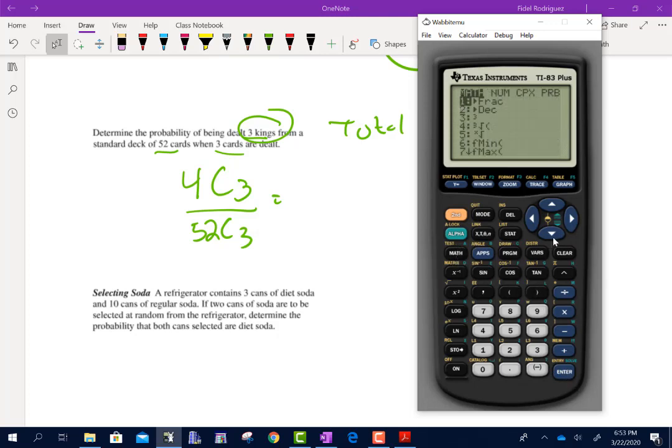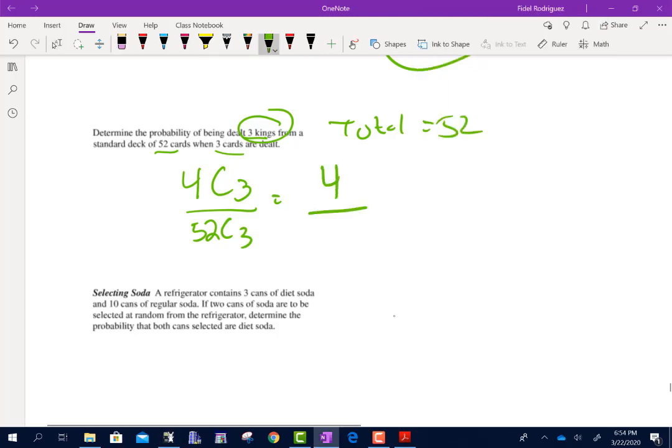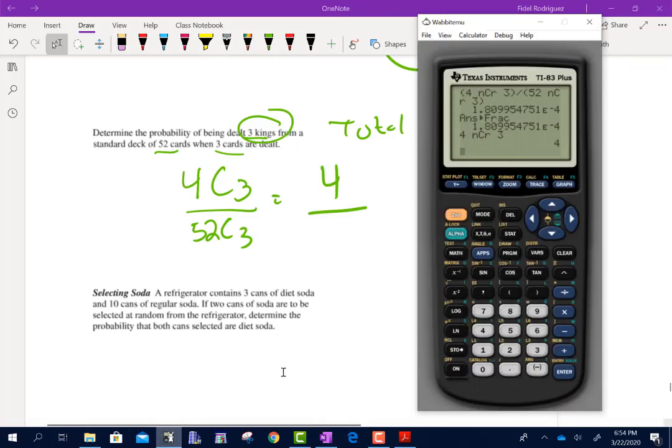Let's see if it does it. It did not. Okay, so I'll tell you what, let's do 4 choose 3. Okay, 4 choose 3, easy enough, right? It's 4.